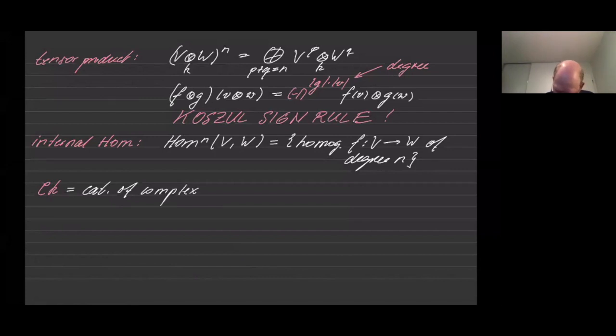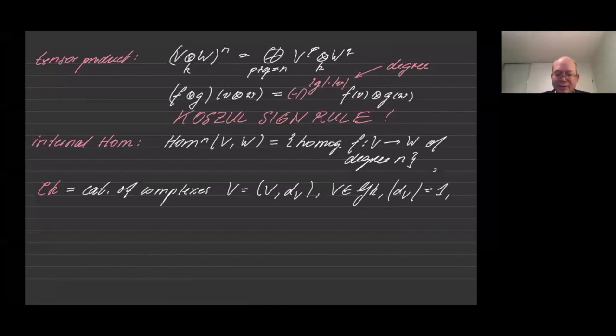Yes, so a complex now is a graded vector space endowed with a graded endomorphism of degree +1. So V is an object of G of K, and dV is an endomorphism of degree +1 and of square 0.